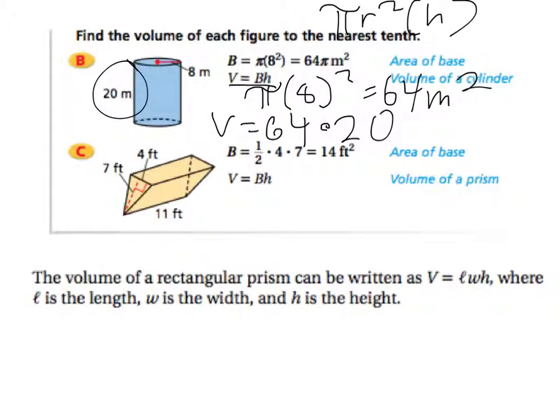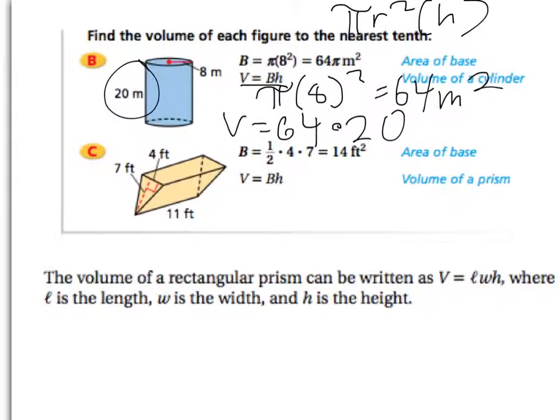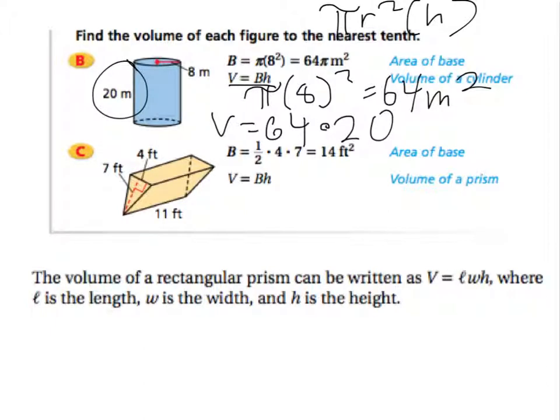And we're going to get 1280 pi meters cubed. I don't mind if you leave it as 1280 pi, but you can also multiply that by 3.14, and then you should get about 4021.2 meters cubed.